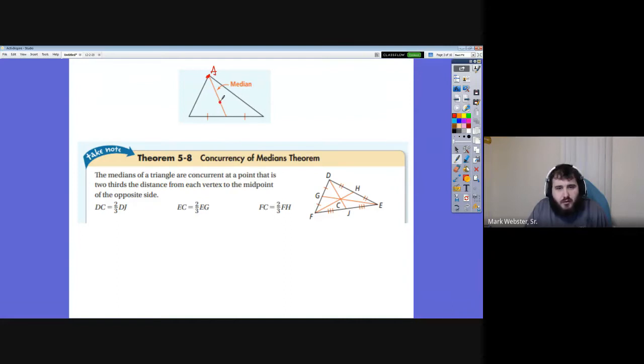We'll call the centroid C. We'll call this point B. So the bigger piece here from A to C is 2/3 of the way, which means that the smaller piece here, CB, is 1/3 of the way, right?